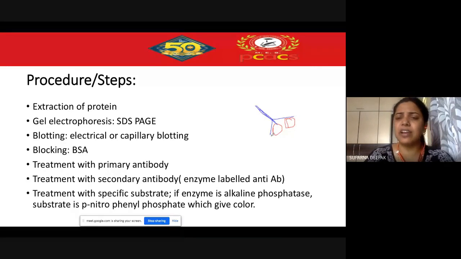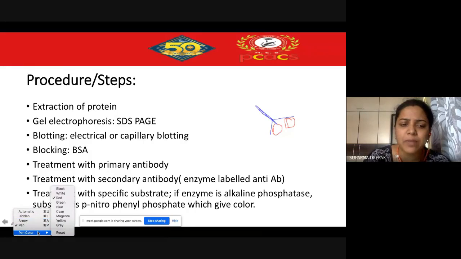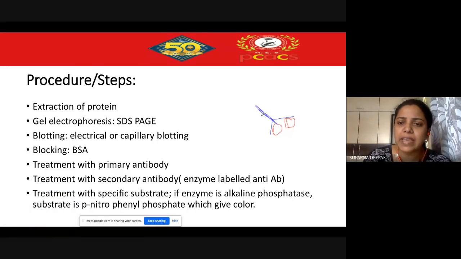The secondary antibody is not only one type of antibody. There would be many antibodies which are going to be specific for this entire primary antibody. So to one primary antibody, you can have many secondary antibodies binding to it.